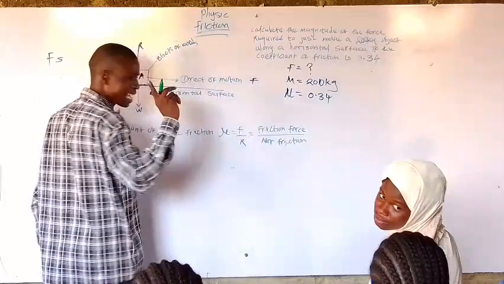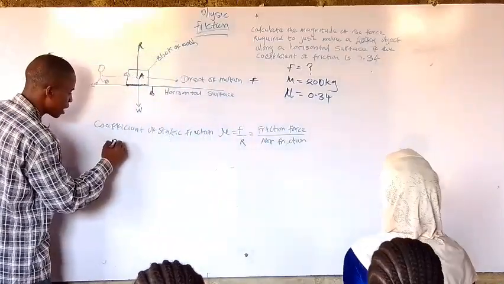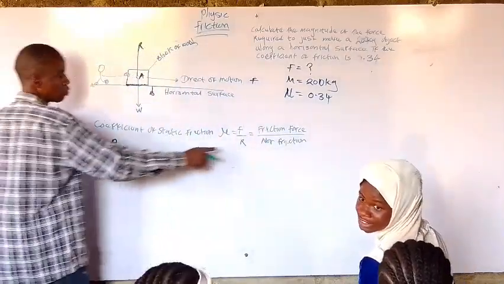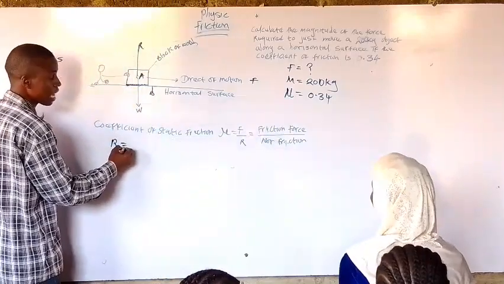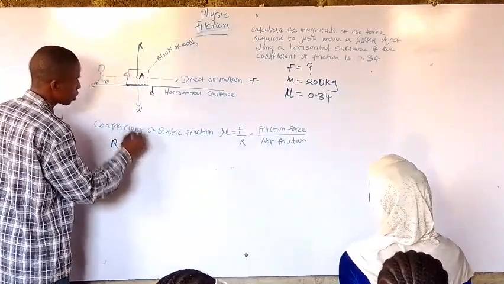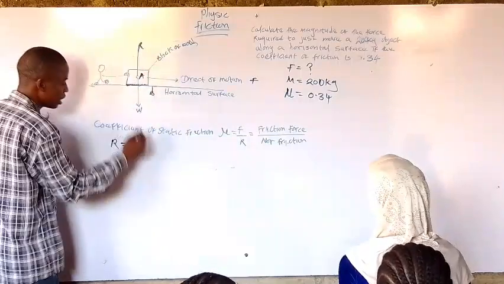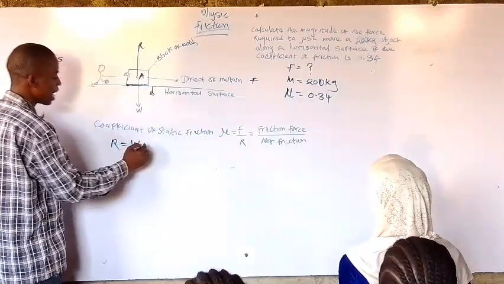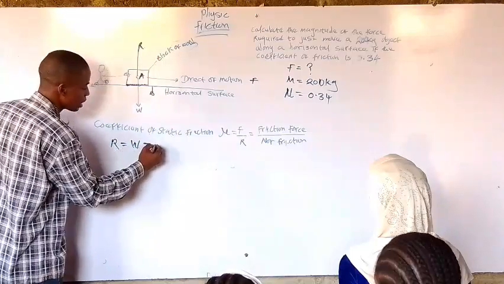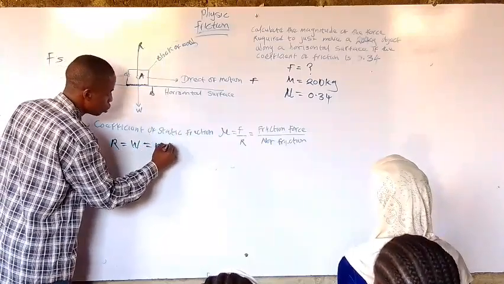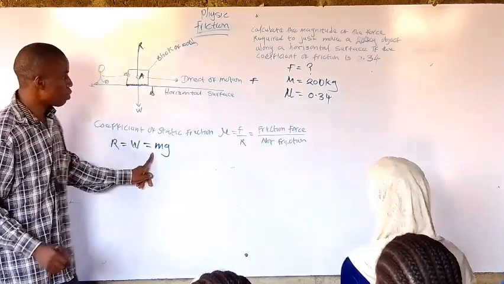We must understand that the normal reaction is the same thing as the weight. This one is the same thing as this one. They are together. What is weight? Weight is mg.